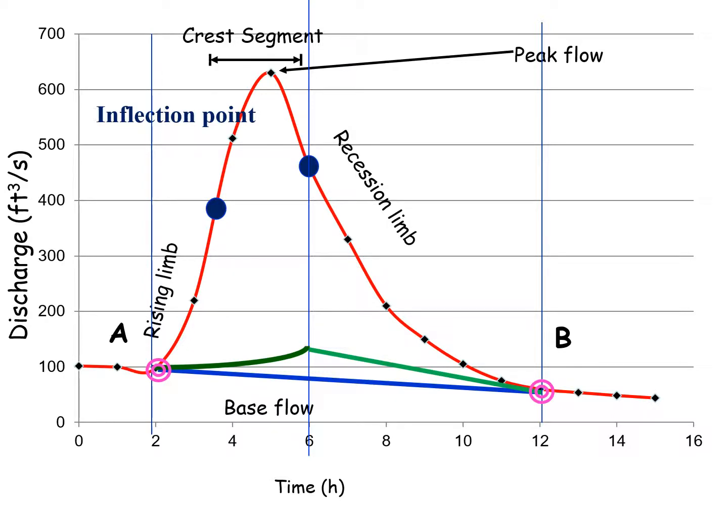It will intersect at hour 6 below the recession limb's inflection point, and from that you sketch one curve to A. So whatever is below this green line will be base flow.